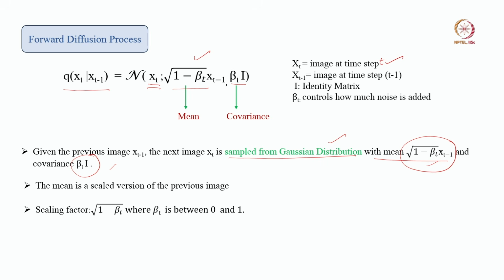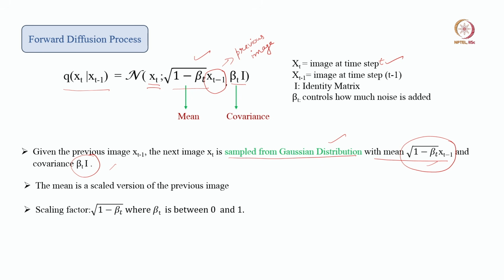Now, if you see, the mean is a scaled version of the previous image. What do I mean by that? This is xt minus 1, basically my previous image. So, xt minus 1 into square root of 1 minus beta t, that is the mean.